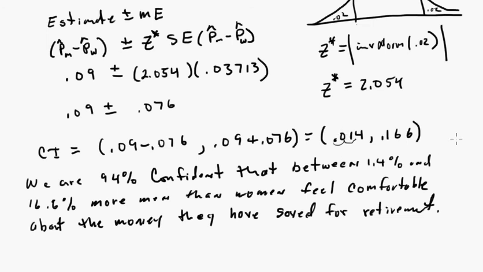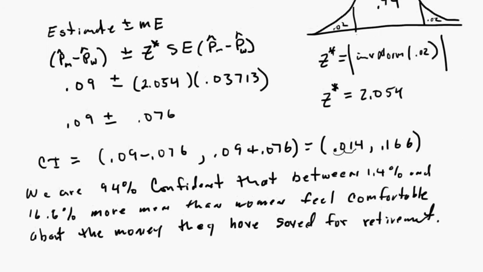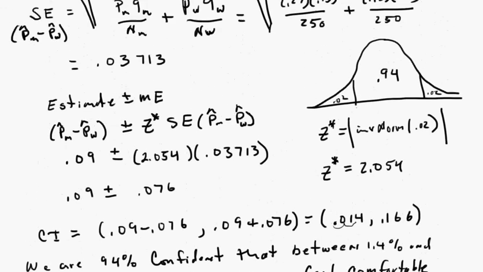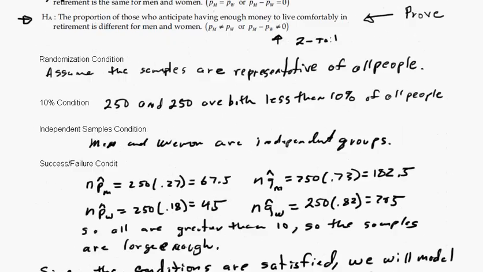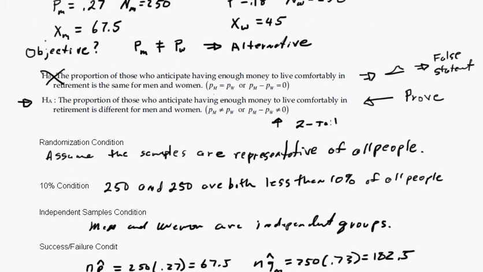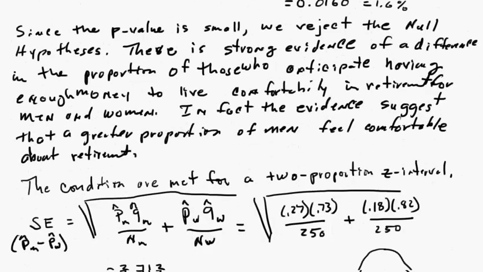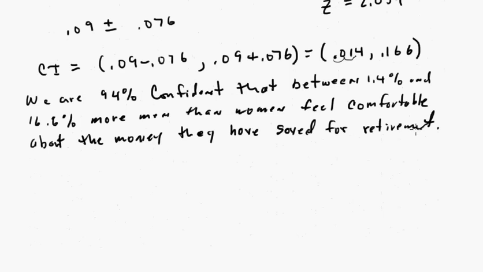Okay, so that's just sort of a follow-on. Now, whenever we do a confidence interval, let's check consistency with the model. Originally our hypothesis was that the difference was 0. We notice that this confidence interval does not include 0. Here's our number line.